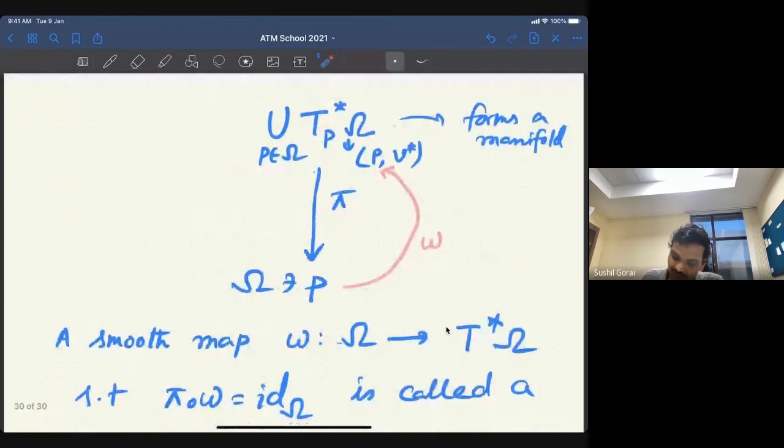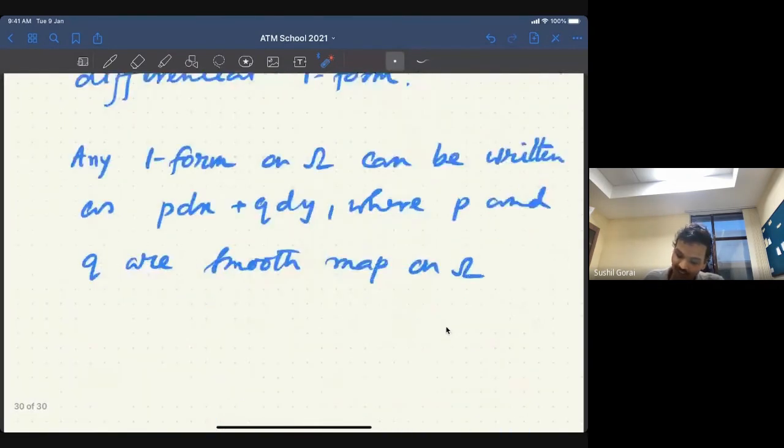So you see, somehow this dx and dy forms a basis.